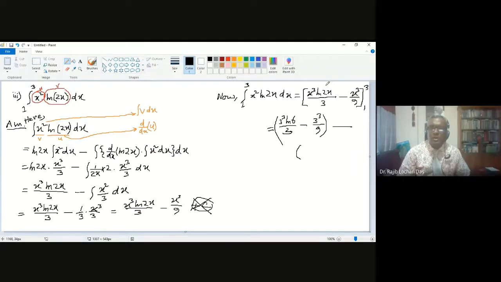You are writing the whole answer for 1. So this is 1 cube ln 2 divided by 3, and then minus 1 cube divided by 9, and then bracket close. So now you calculate this. So 3 cube ln 6, you need to use a calculator for ln 6.